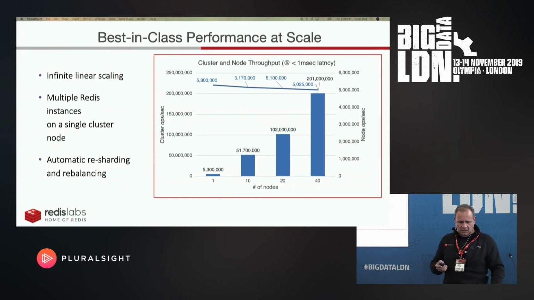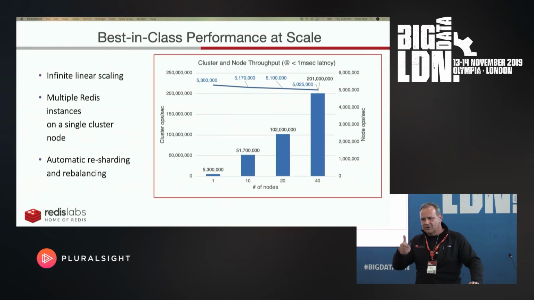And it seems only fitting to follow that with our performance slide. So this is our latest benchmark. So we can operate at 200 million operations per second. Okay, and if you were here for the last session, Revolut doing their fraud transaction analysis were at the 8 to 10,000 operations.